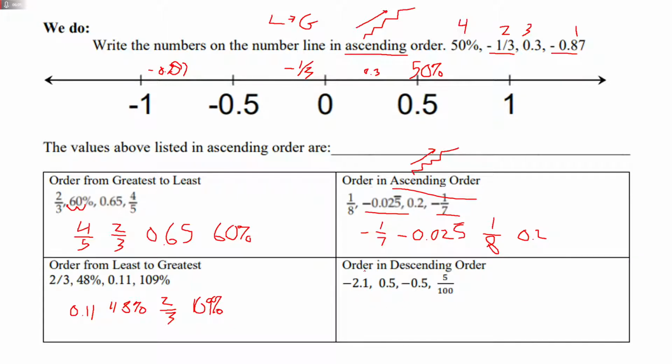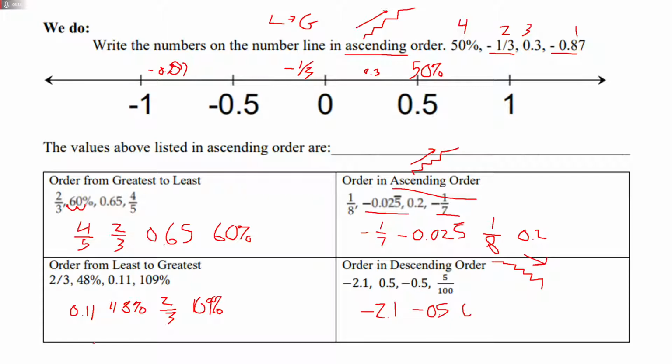And then finally I'm ordering in descending order. We haven't seen descending yet, but just think of it as going down some stairs. So again, I have some negative numbers. I think negative 2.1 is definitely farther away from 0, so I'll have negative 2.1 here. Next, I've got my other negative number. Because these are the same number, but one of them is negative, that has to be the smaller number.